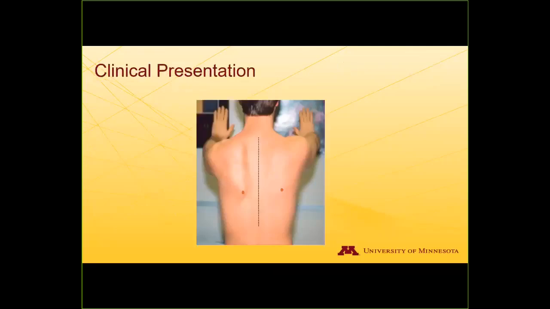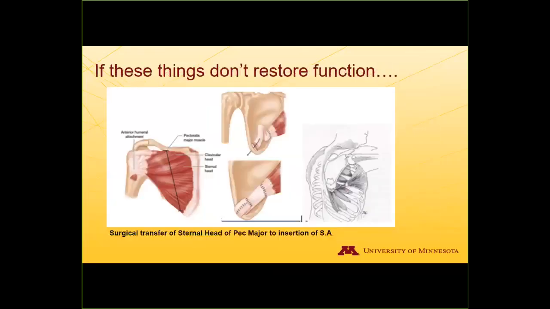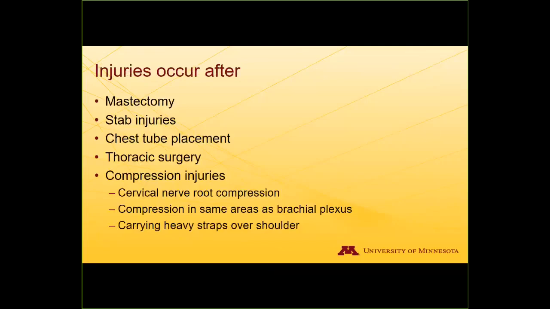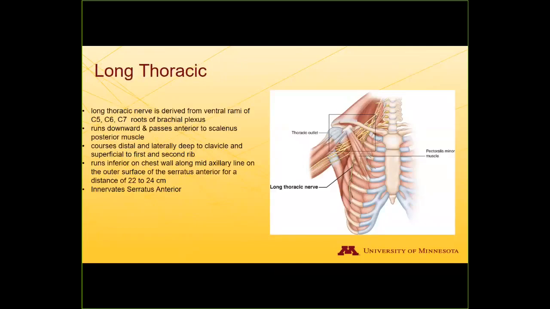The last thing that I'm going to talk about is just a long thoracic nerve injury, or the long thoracic nerve. Unlike other terminal branches, the long thoracic nerve actually originates from nerve roots.